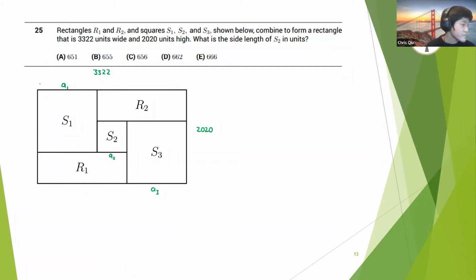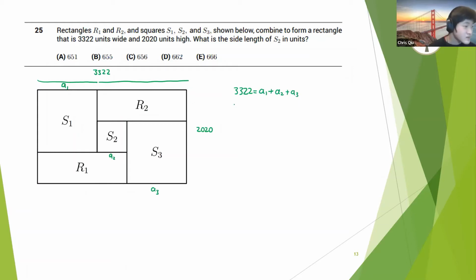So in particular, this number is going to be the sum of this length and this length. So it's going to be equal to a1 plus this length, which is also a2 plus a3. So this is our first equation.